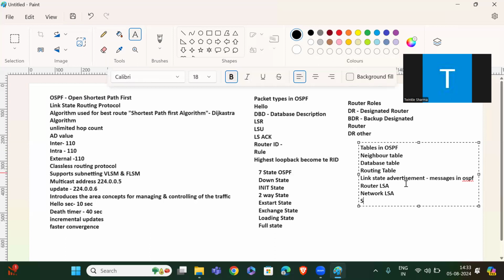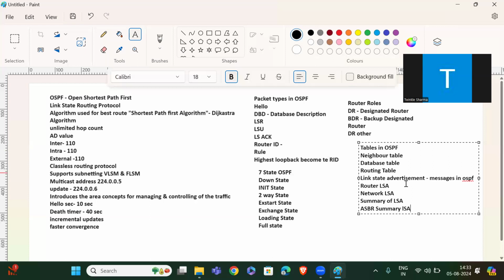Third, we have summary LSA. Fourth, we have ASBR summary LSA. ASBR stands for Autonomous System Boundary Router.